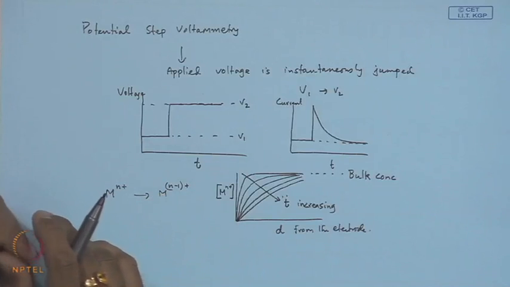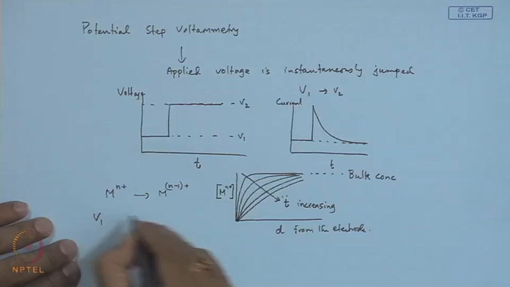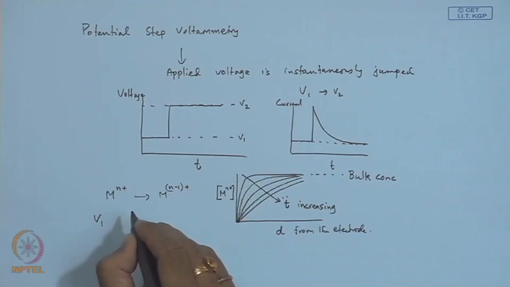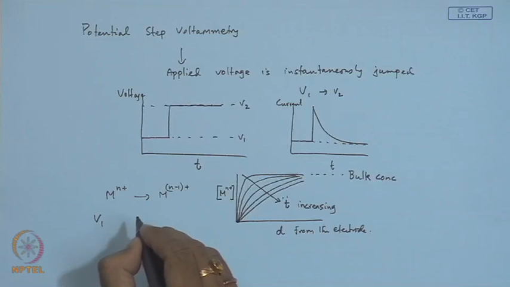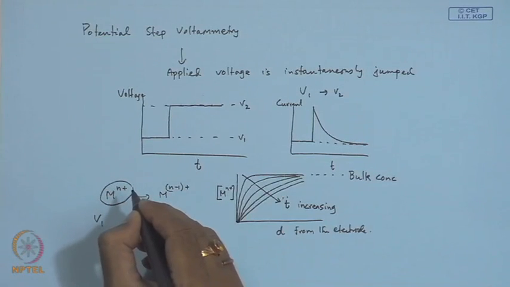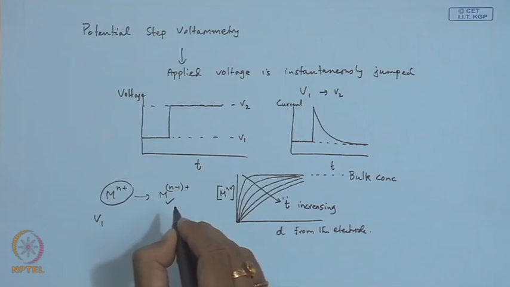And the initial voltage V1 is set such that this is not happening, and the second voltage is selected so that the ions which are very close to the electrode are converted to the corresponding reduced form. Okay.